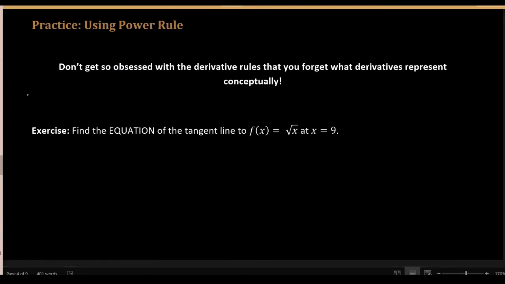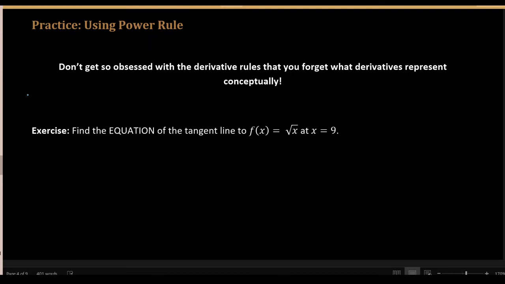Now something that I really want you to keep in mind over the course of the next several days, as we're learning all of these derivative rules and formulas and techniques, I don't want you to get so caught up in the nitty-gritty of the rules and how to use the rules and when to use the rules that you forget conceptually what the derivative represents. I don't want you to forget that the derivative represents the slope of the tangent line to a function.